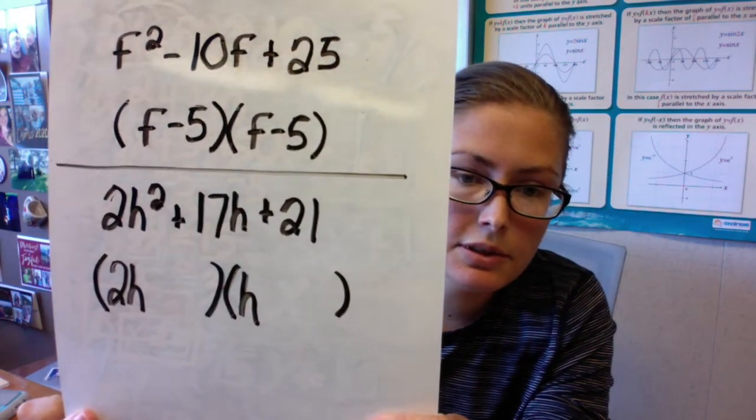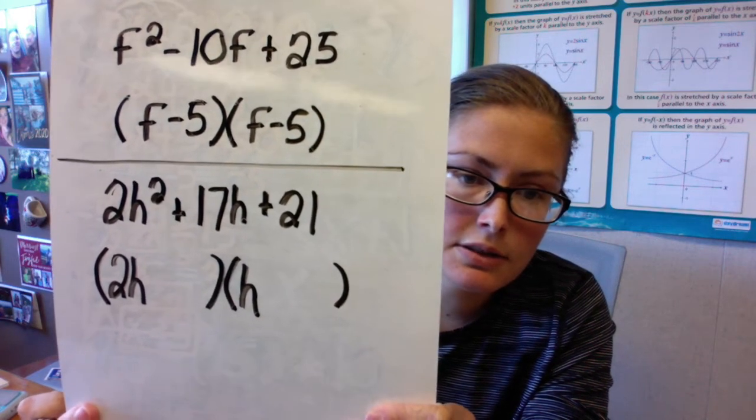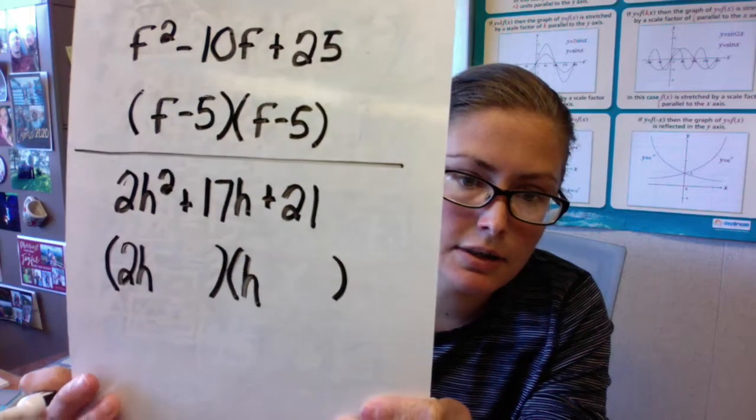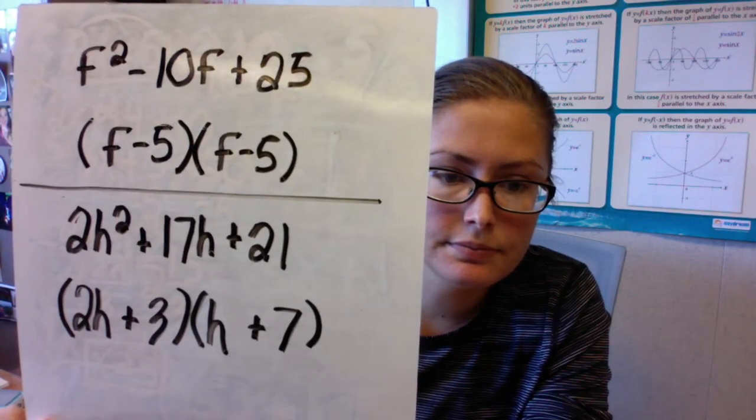We need two numbers that multiply to get 21. We have 1 and 21 and 7 and 3. So we need to place 7 and 3 in the correct spots. And that one's done.